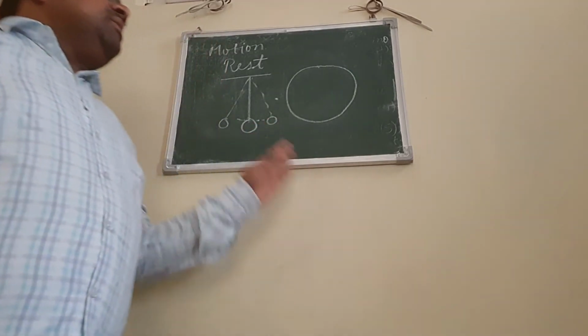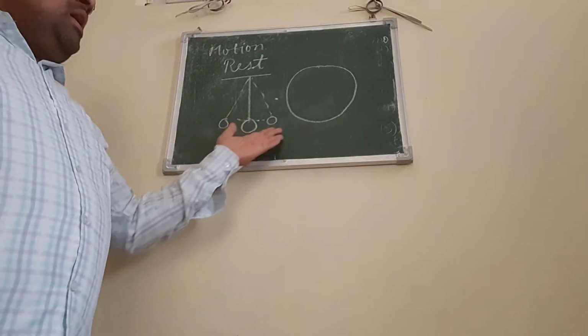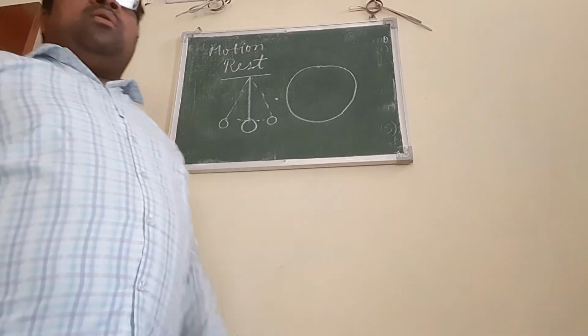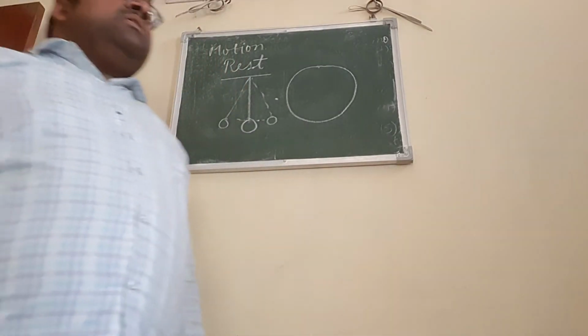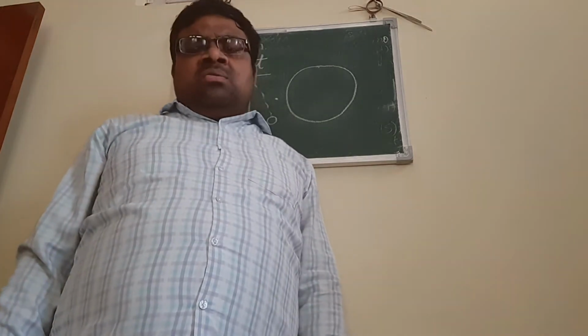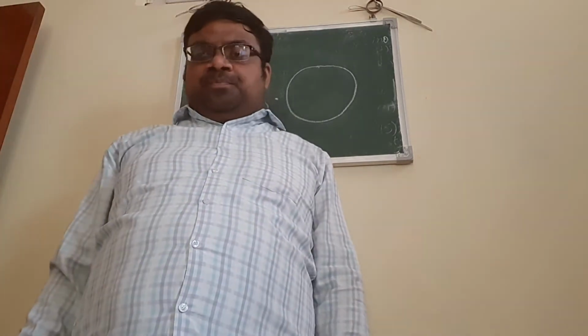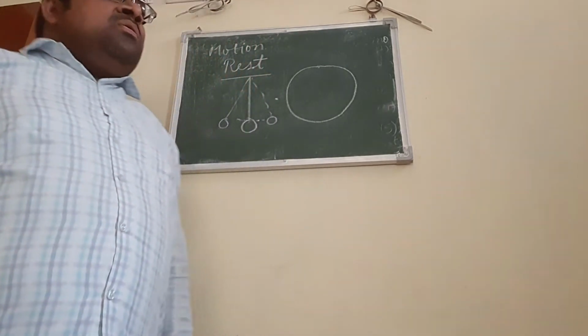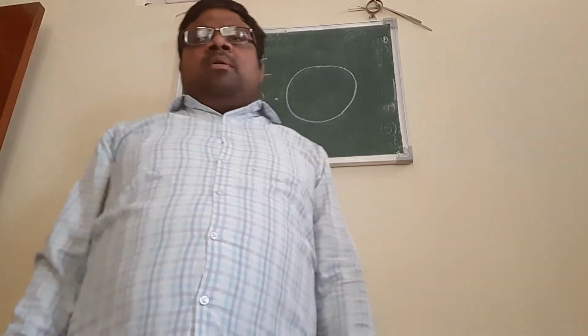For example, the simple pendulum, when we displace it a little, it moves to and fro about the mean position. Also, the motion of a swing is an example of oscillatory motion. So these are some of the types of motions.